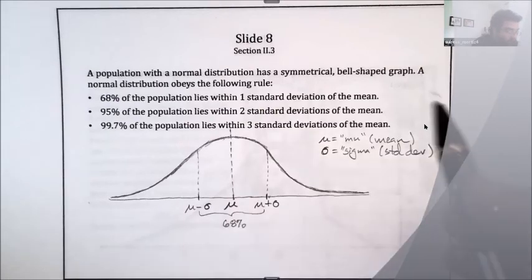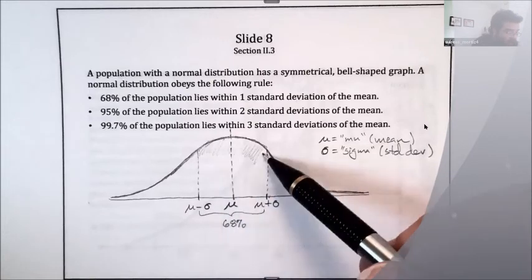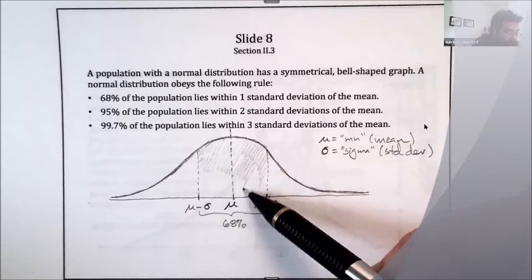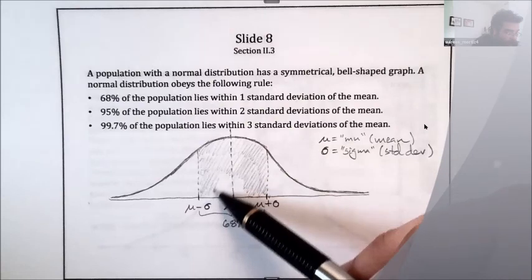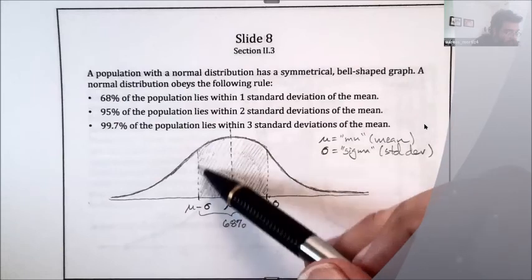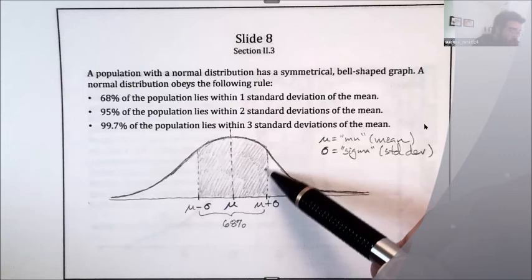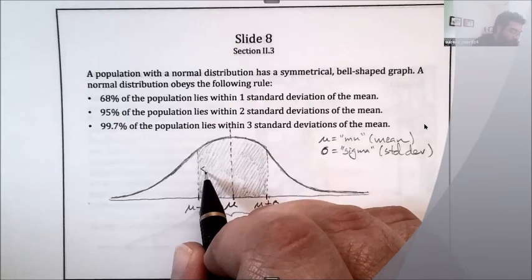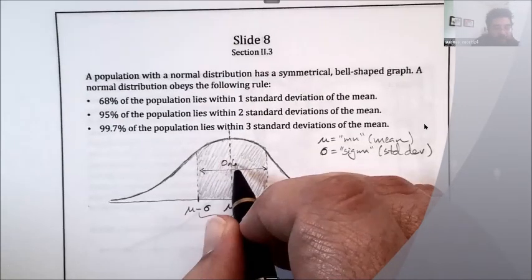So if I were to compute the area in here, that would be 68% of the total area. But the total area is 1, or 100%. So between those two values, the area is 0.68.